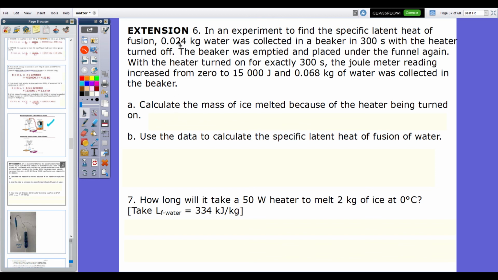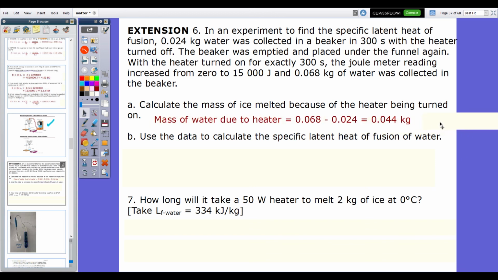So calculate the mass of ice melted because of the heater being turned on. Well, this is just the difference between the two, 0.68 and 0.24. That's how much mass was created between the two: 0.44 kilograms, 440 grams. So use the data to calculate the specific latent heat of fusion of the water.